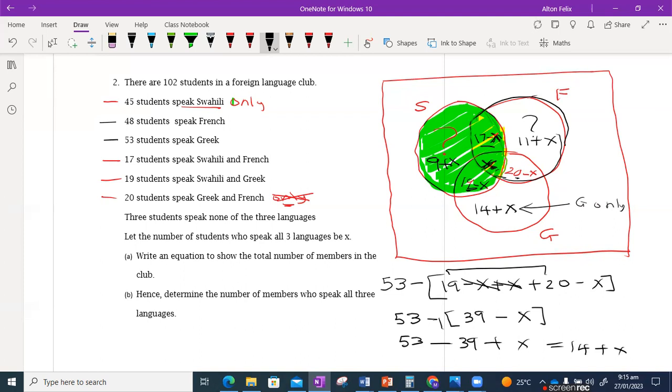Now, what do we do? We continue. So, write an equation to show the total number of students in the club. Now that we've figured out what the other three regions are, let's write our equation and simplify.